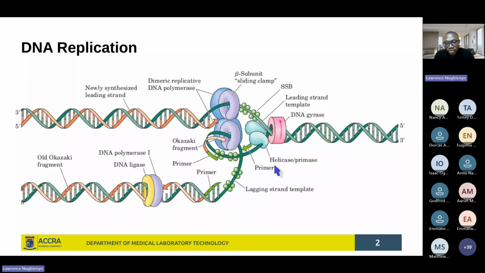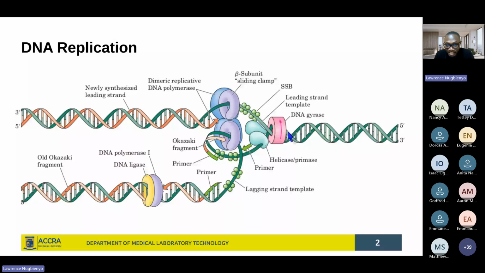So what you see is that, first of all, you saw an enzyme referred to as helicase or primase, which was responsible for unwinding the DNA strand. As it unwinds it, you have a DNA gyrase also.